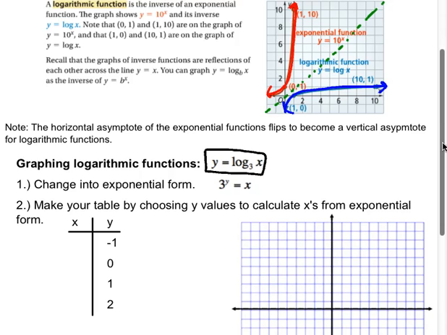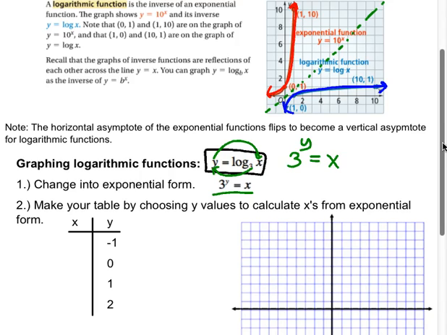I'm going to take 3 to the y equals x. I do already have that written there as well. So whenever I give you a logarithm to graph, you need to rearrange it and turn it into its exponential form.